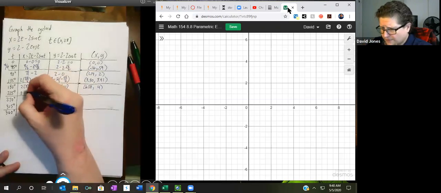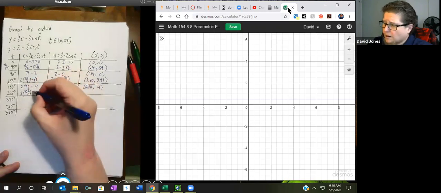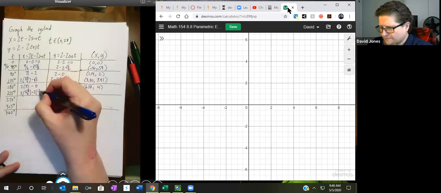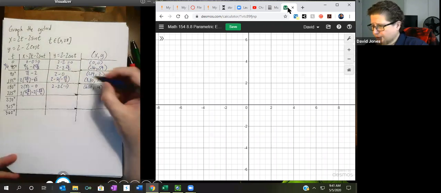This is 2 times 5 pi over 4 minus 2 times negative root 2 over 2. So I got 5 times pi divided by 2 plus the square root of 2. This is 9.27.